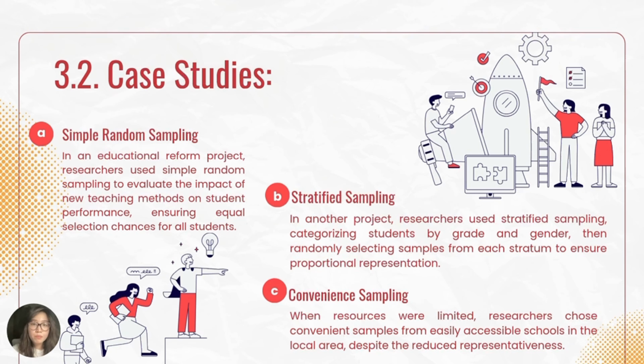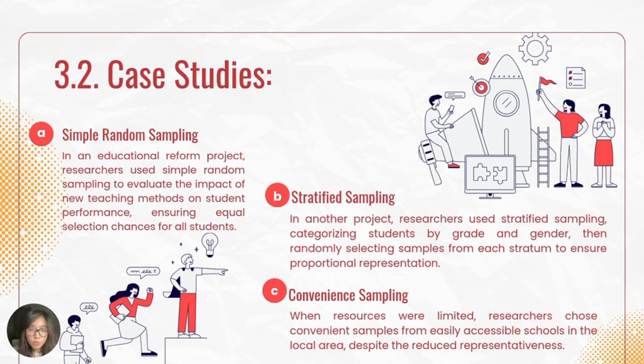In the third case, due to limited resources, the researchers used convenience sampling. They selected schools that were easily accessible, such as those located near the researcher's office. While this method has lower representativeness, it was feasible given the budget and time constraints.